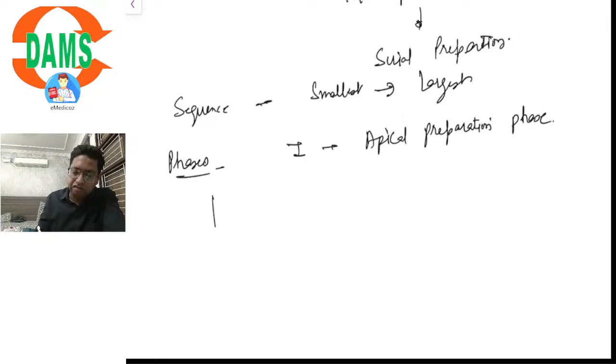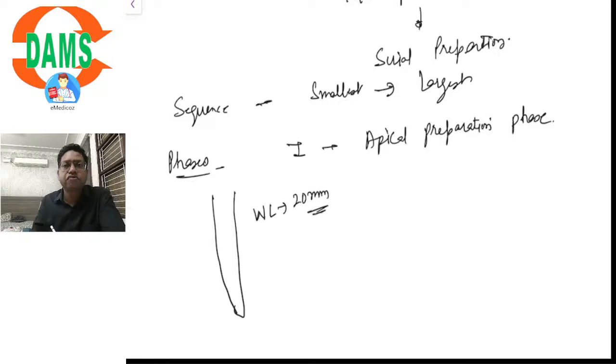Suppose this is the root canal that we have to prepare with the step back preparation, and suppose again the working length is 20 millimeters. Then in the first phase, the sequence remains the same. We would start with the smallest file to bind at the working length. Suppose that is number 15 file.